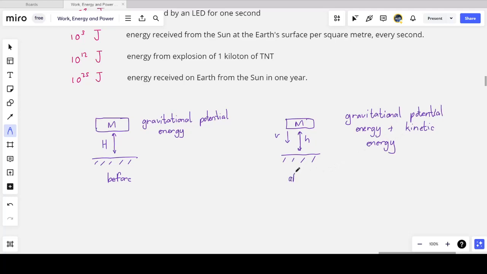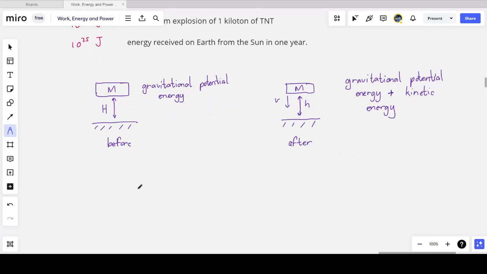And so its initial gravitational potential energy is now becoming gravitational potential energy at its new height, which will be slightly lower, because there's a kinetic energy term that's being added here. The total energy will remain the same.